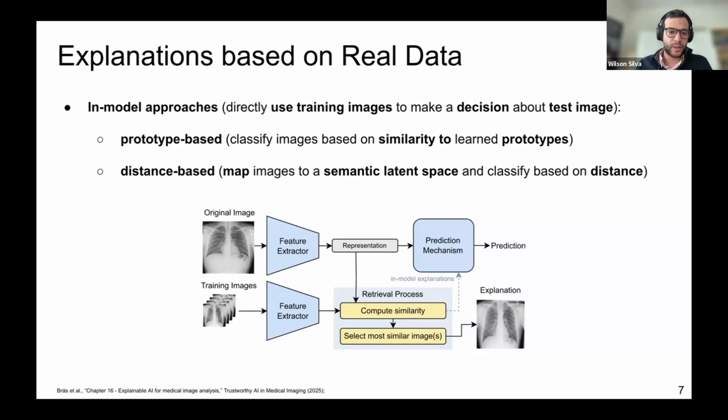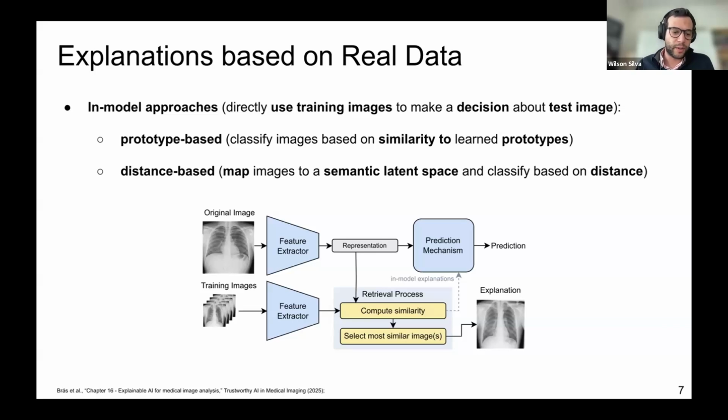This can be done in two ways as well. It can be distance-based, in the sense that we compare the current case to other images, and by measuring this similarity, we make the decisions, and then it's very easy to extract the explanations.